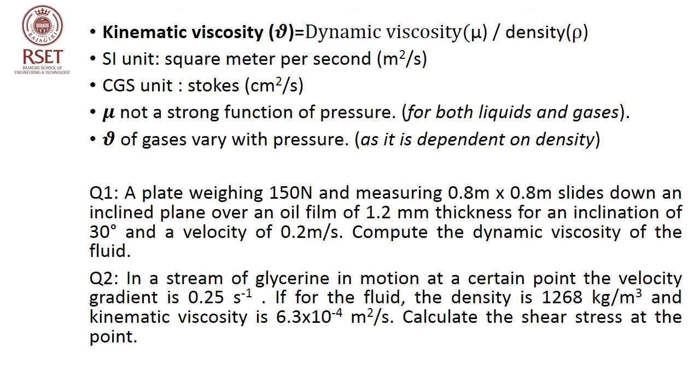Second question: in a stream of glycerin in motion, at a certain point the velocity gradient is 0.25 second^-1. If the fluid density is 1268 kg per meter cube and kinematic viscosity is 6.3 × 10^-4 meter square per second, calculate the shear stress at the point.